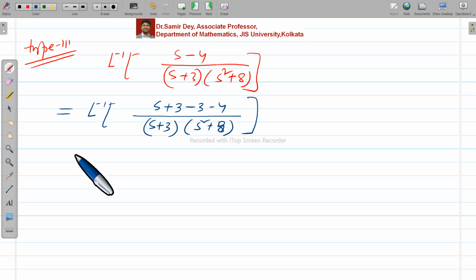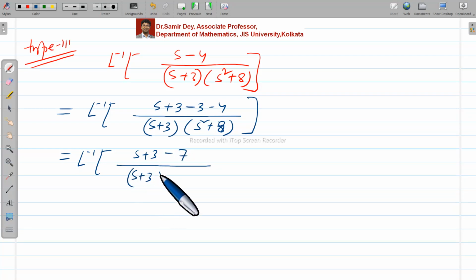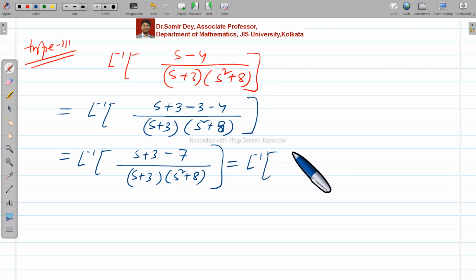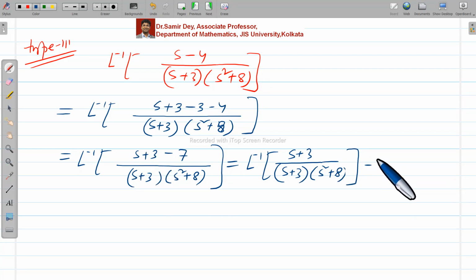Now what do you have? Now it is coming L inverse of (s plus 3 minus 7) by (s plus 3)(s square plus 8). Is it clear? So now you write down L inverse of (s plus 3) by (s plus 3)(s square plus 8). Clear? So this by full, minus 7 is outside: L inverse of 1 by (s plus 3)(s square plus 8).